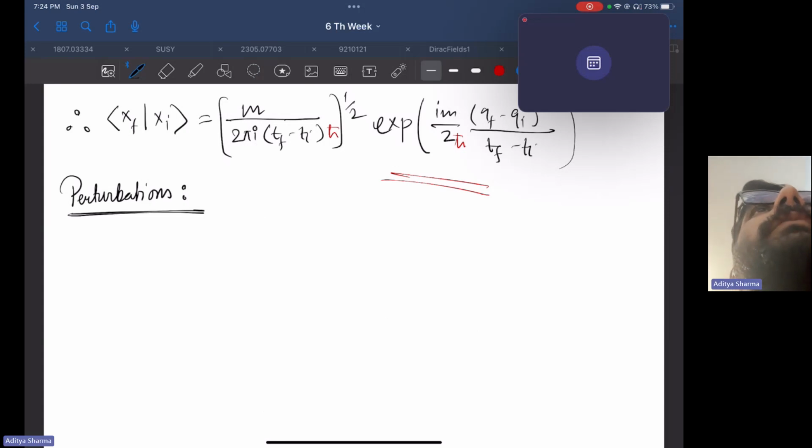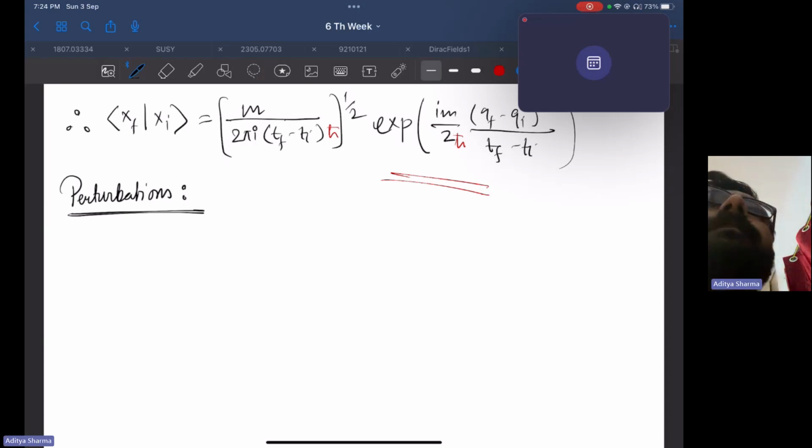For example, in the book, if I see perturbations, this is a very good example. So for example, we have a perturbation of this one.